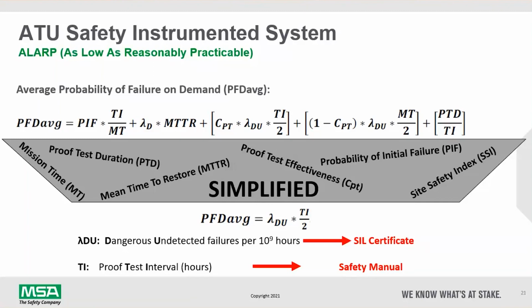So that's how we're going to simplify it, by making some general assumptions. The lambda DU is obtained from the SIL certificate of each device, and the proof test interval is obtained from the safety manual of each device.